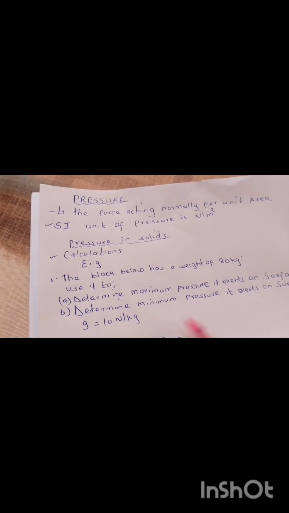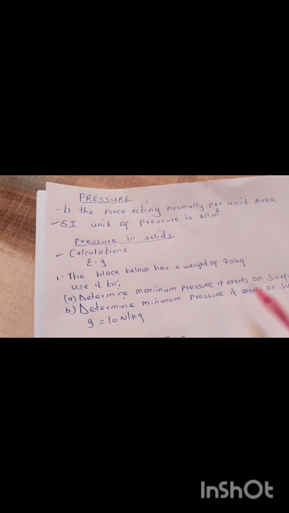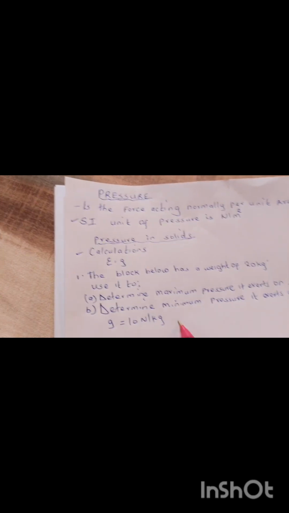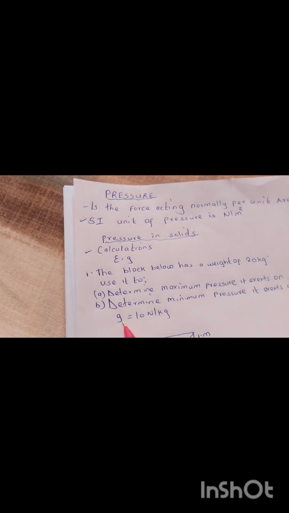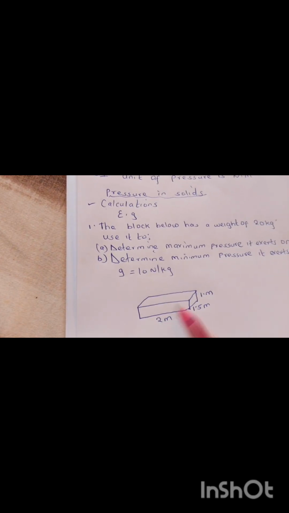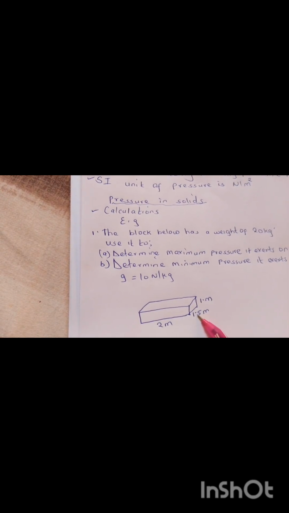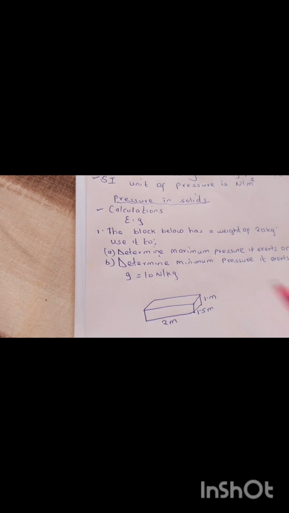So we are going to look at both the maximum pressure and minimum pressure. So stay tuned. We have been given the gravitational force as 10 newtons per kg, and then here is the block. We have a length of 2 meters, a width of 1.5, and a height of 1 meter.